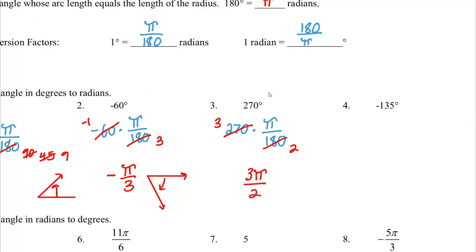Did you get 3 pi over 2? Okay, so are we going clockwise or counterclockwise? Counterclockwise. And 3 pi over 2 is like 1.5 pi. Do we understand that? So that means we're going a semicircle, and then we're going half of a semicircle more. Does that make sense? So it would end up being here, but we would have gone this direction.